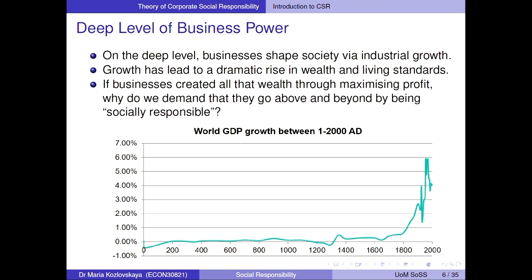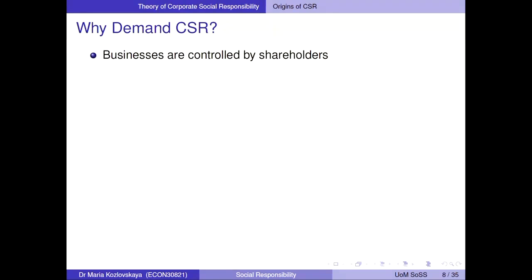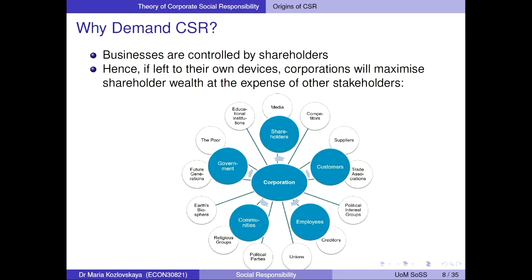Yeah, this accelerated growth even further. So why is it that we dislike corporations so much, even though they're responsible for present-day prosperity? And there are reasons behind it, okay?